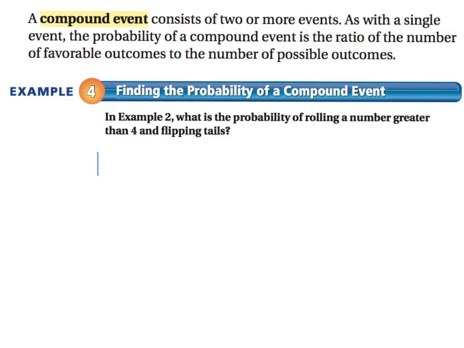So if you want to find the probability of greater than 4 and flipping tails, you could find the total favorable outcomes. Well, we could have, for example, greater than 4. That means we could get a 5 and a 6. Well, tails, that means I could either get a 5 and a tails or a 6 and a tails.